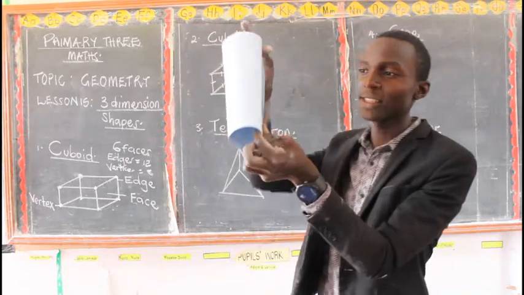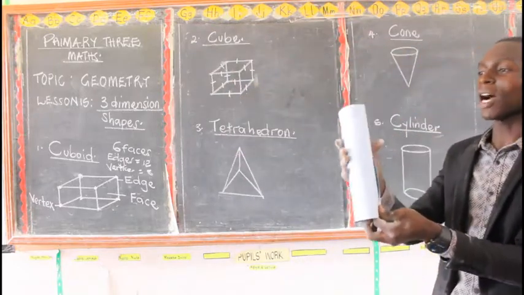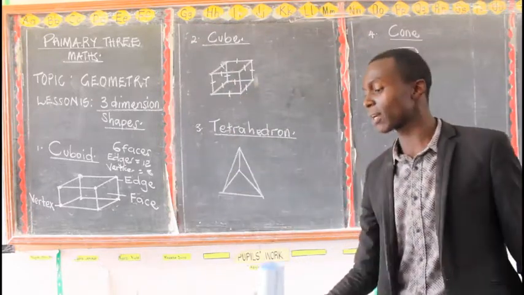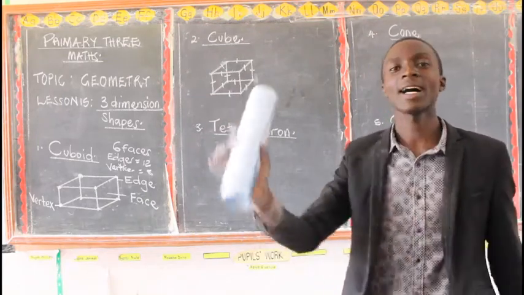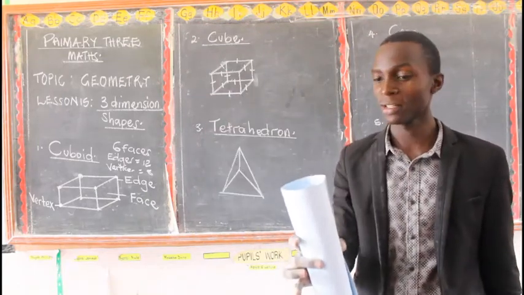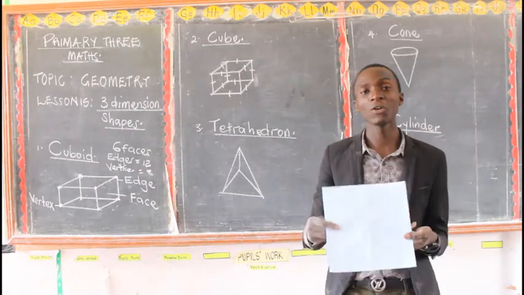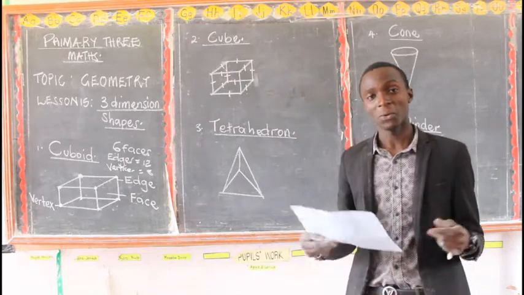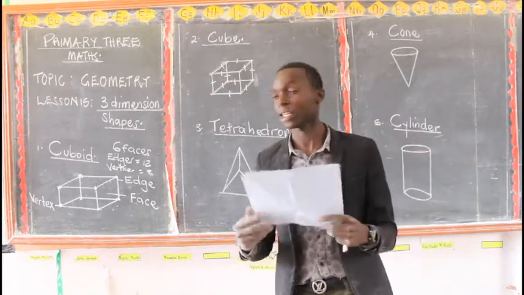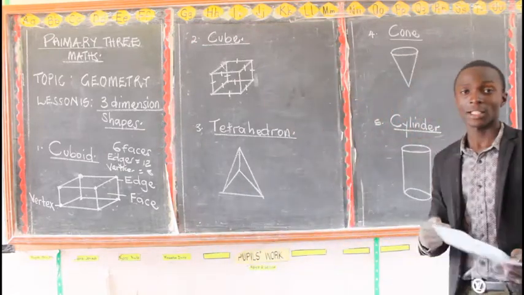Hope you can see it. I can put it on a surface and it stands firmly. The reason is it has now become a three-dimension shape. But remember, it has come from a rectangle, which was a two-dimension shape.